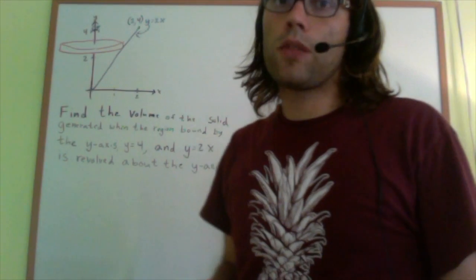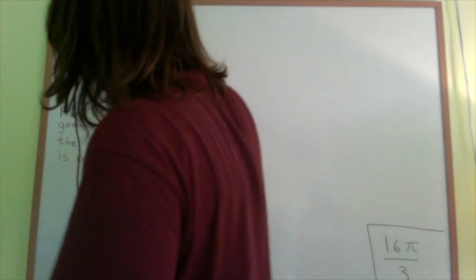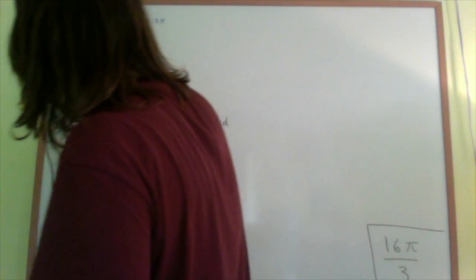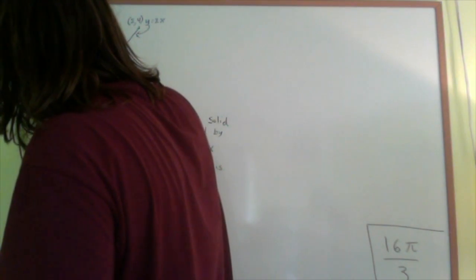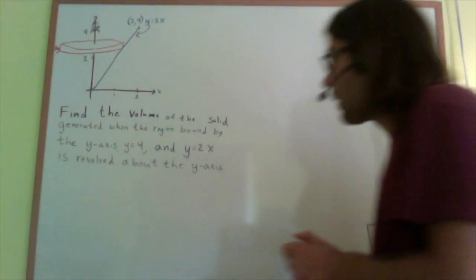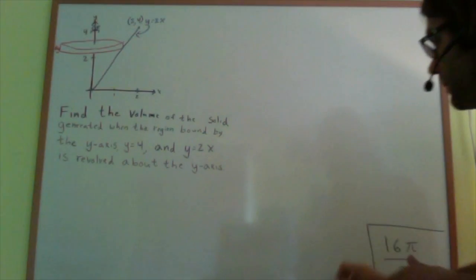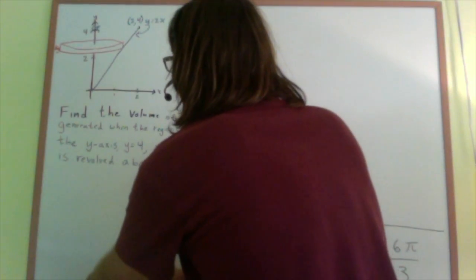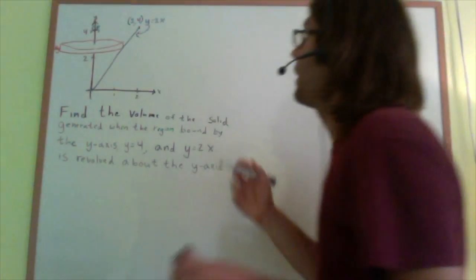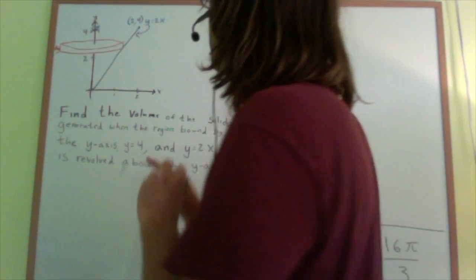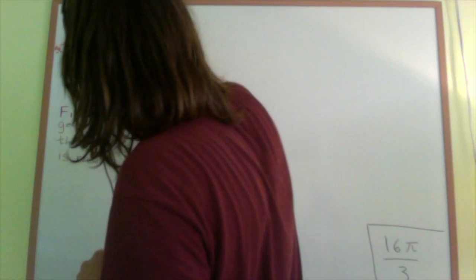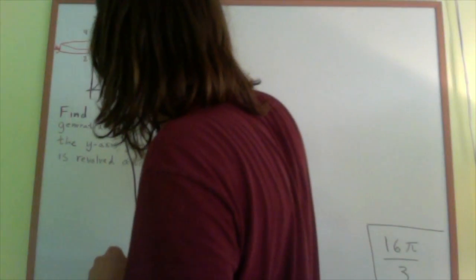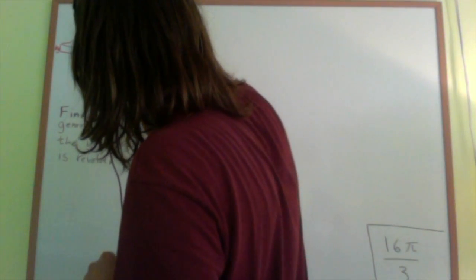And this time, as you can see, our thickness is delta y. Okay. So now we have an issue because we need to find the radius here.